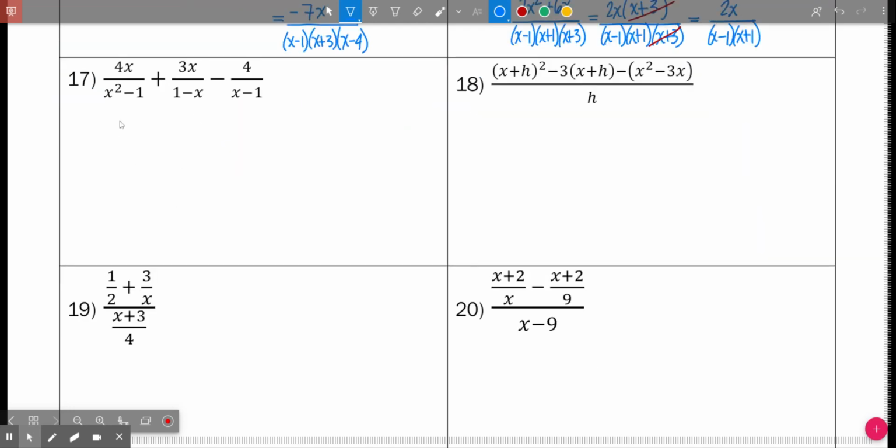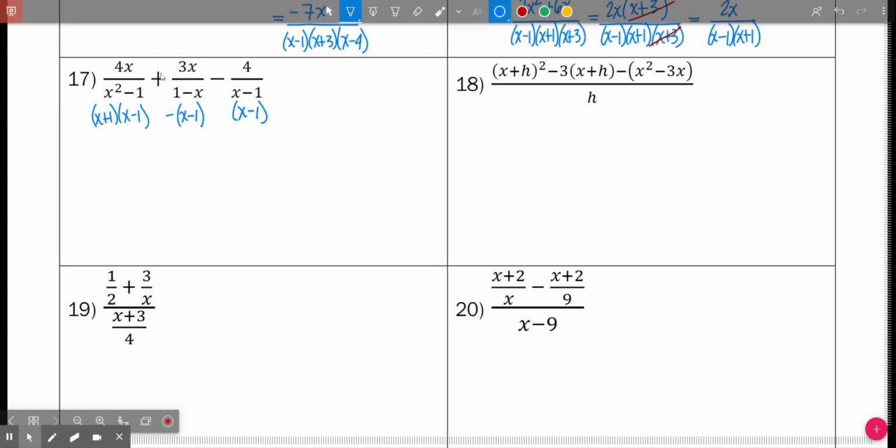In number 17, I have x plus 1, x minus 1. Factor the negative, so this is negative x minus 1, and this is x minus 1 already. So I already have an x plus 1, x minus 1.